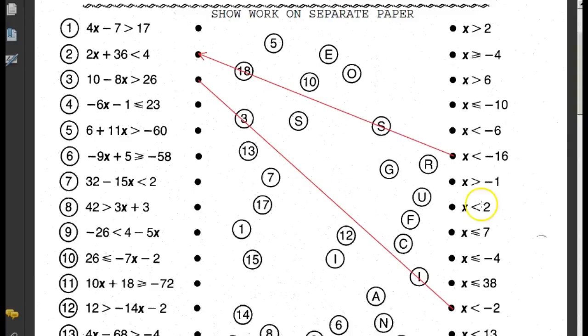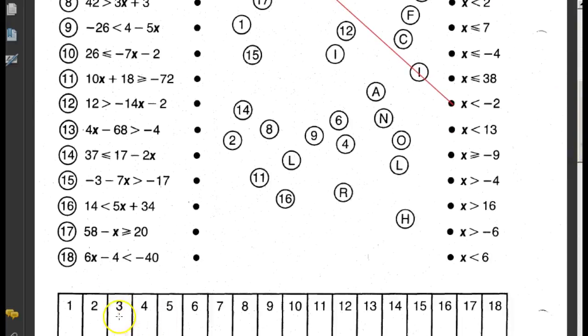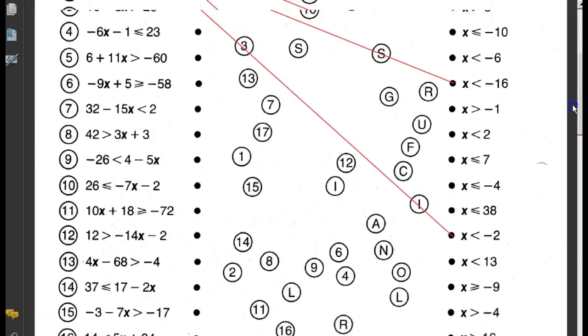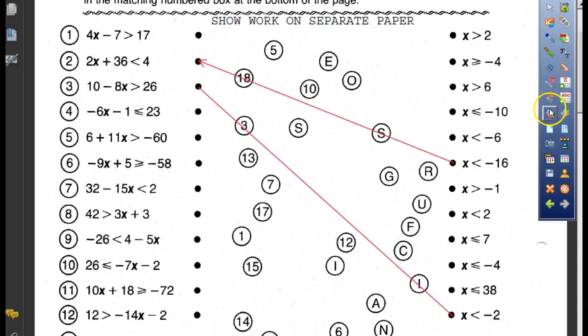One of those two. So down below, make sure for number 3 you put an I. Oh yeah, it's an I because here's an L right here. So that's an I. One more, then I'll let you guys go to work. As you can see, it's a lot of review, so it should be very doable, able to finish by the end of the period.